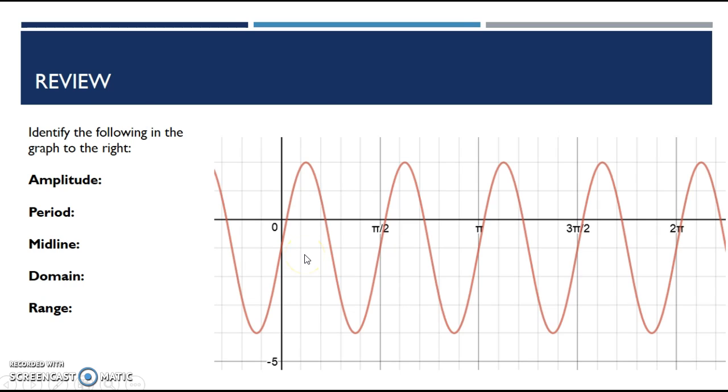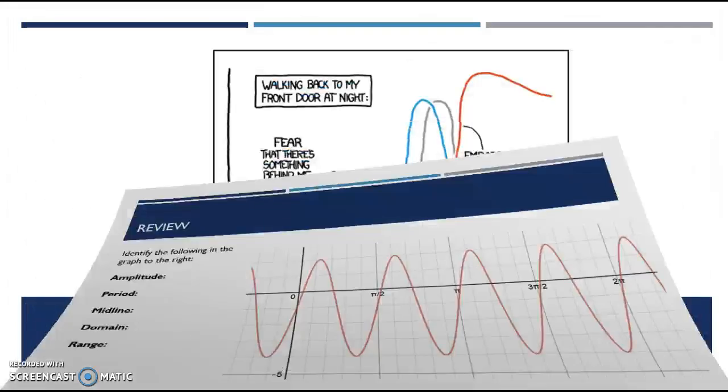The period is going to be pi over 2 because you can see we start here at 0 and we go up, we come back down, and then we return to our starting value at pi over 2. The domain is always going to be all real numbers, and our range is -4 less than or equal to y less than or equal to 2.